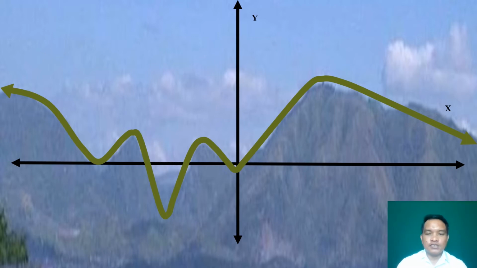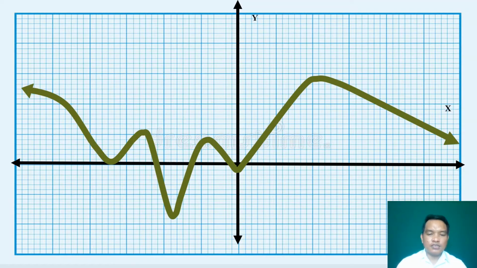Ilagay natin siya sa Cartesian plane. At ilagay na rin natin siya sa graph. So, ayan na. Makikita natin, pakurba-kurba, graph of a polynomial function.